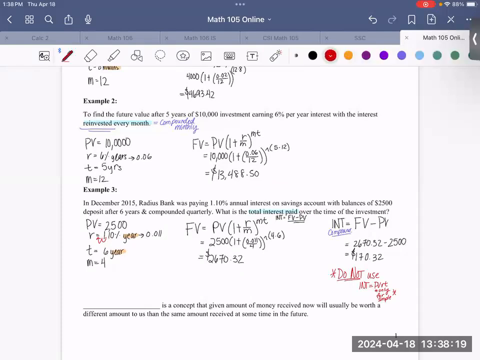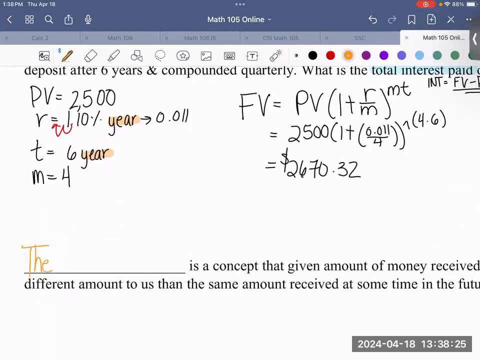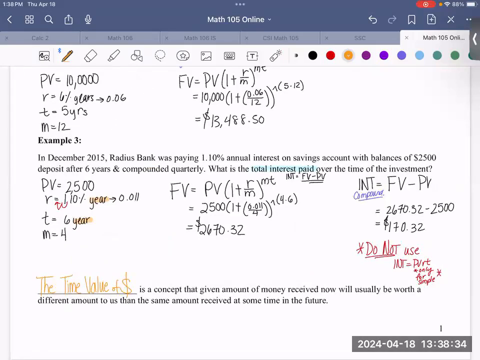Now there's a concept called the time value of money. Which is a concept that a given amount of money received now will usually be worth a different amount to us than the same amount received at some point in the future.